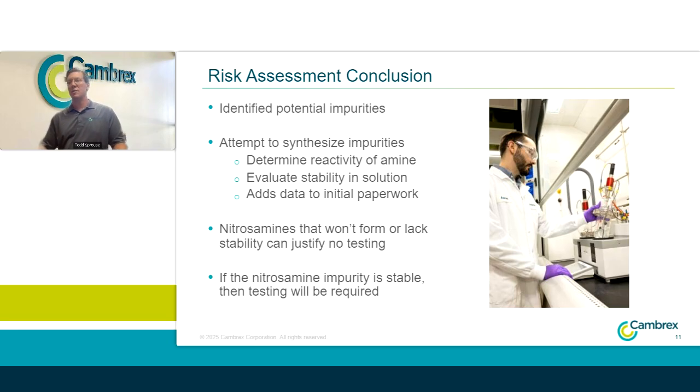And that creates the initial data to support that paper assessment of your manufacturing process. And again, for nitrosamines that won't form or lack stability, you can now justify not testing for these downstream in your manufacturing process. If the nitrosamine impurity is stable, then we need to do some initial testing there and move into the method development.